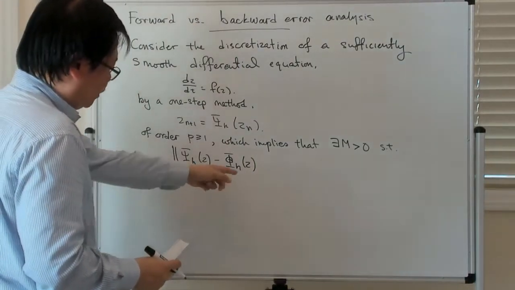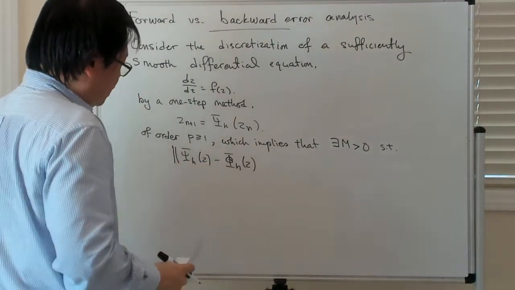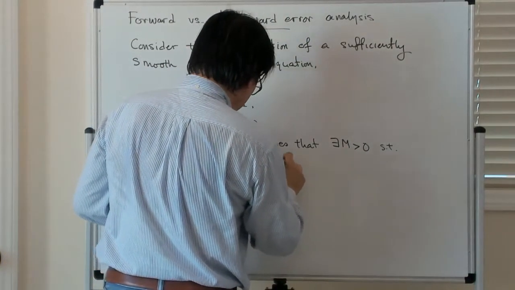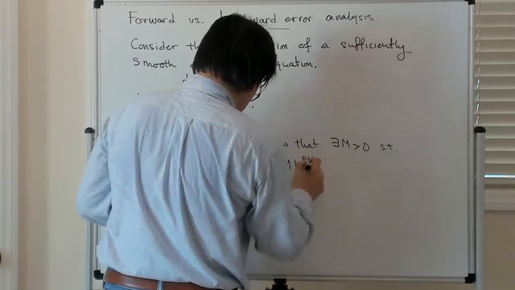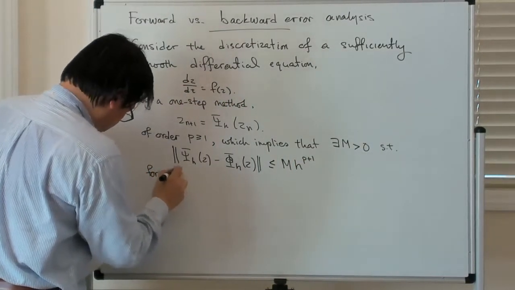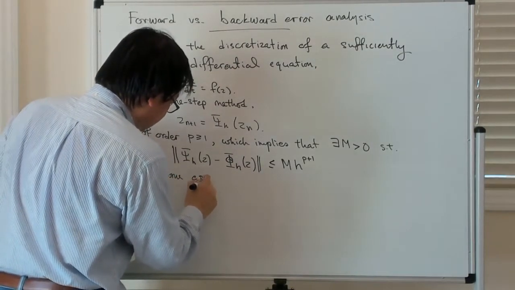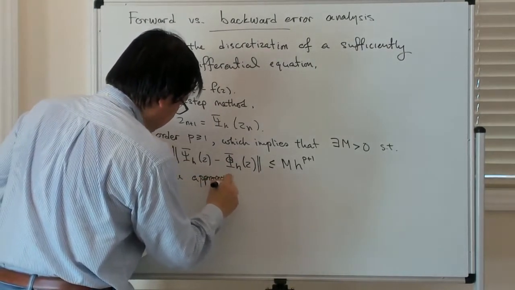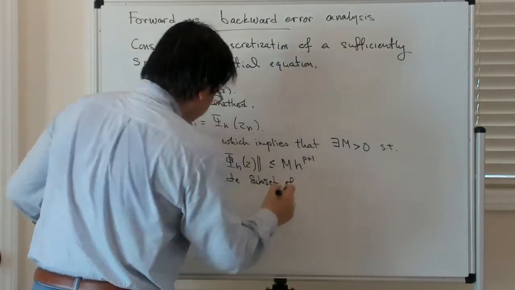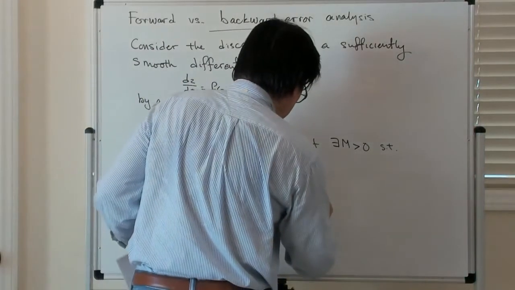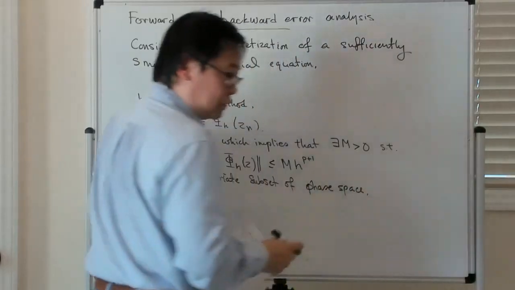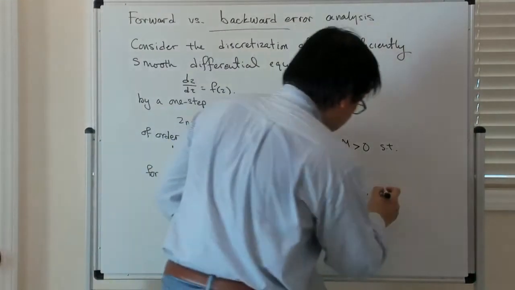Well, it's not really the operator norm, so this is just actually applied to a certain initial data. Okay, so then this is less than or equal to M h to the p plus 1, for some appropriate subset of phase space and for h sufficiently small.